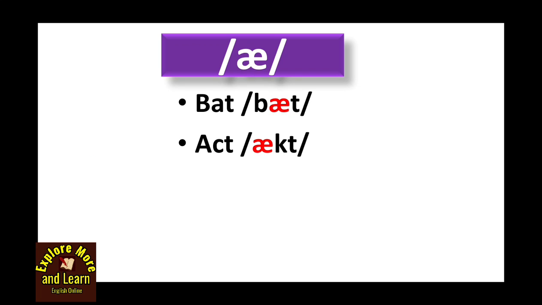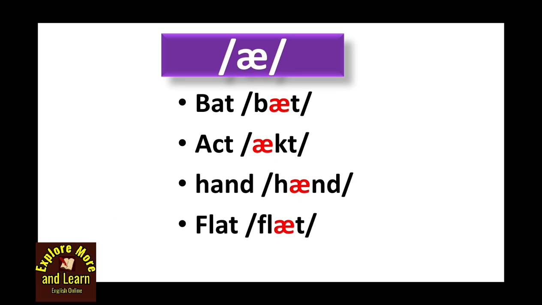Bat, act, hand, flat. So letter A is pronounced as A in these words. So I'll tell you about the sounds and their symbols which we get by the letter A. Okay? So please notice how to pronounce the letter A in 8 various ways.